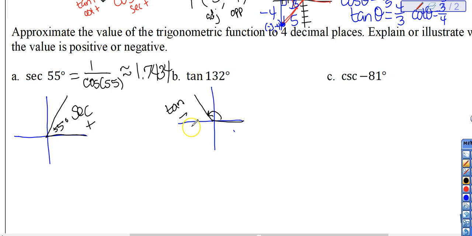They're negative. Okay, so tangents are negative, so my answer should be negative. This is a great test sometimes to know if you're in radians or degrees, because you know it's supposed to be negative, but if your calculator's in radians, it might give you a positive answer. So look out. All you got to do is type it in. You don't have to find the reference angle for the calculator. The calculator will find tangent of pretty much any degree you want it to find. What do we get?